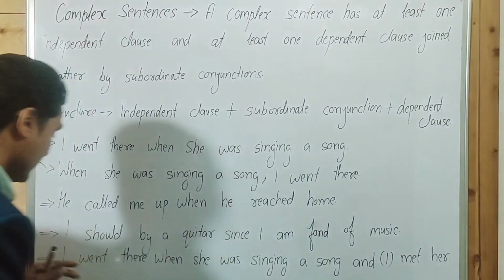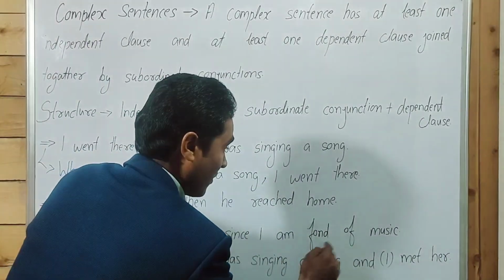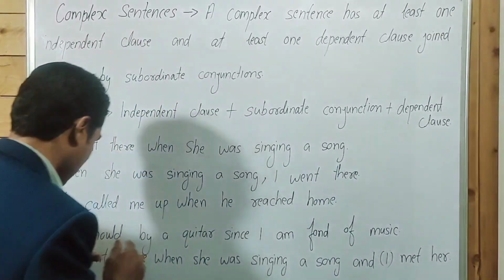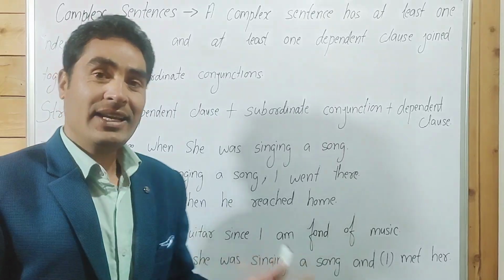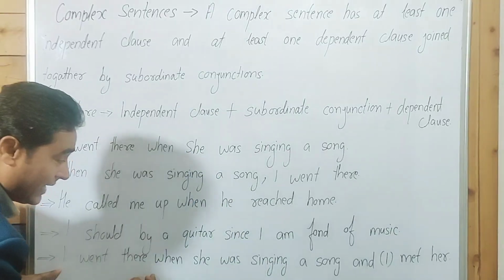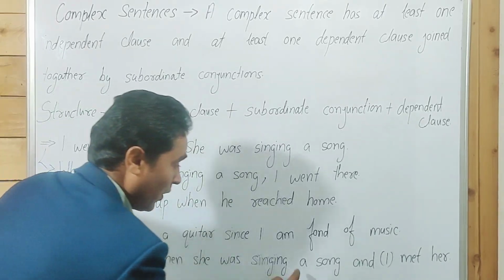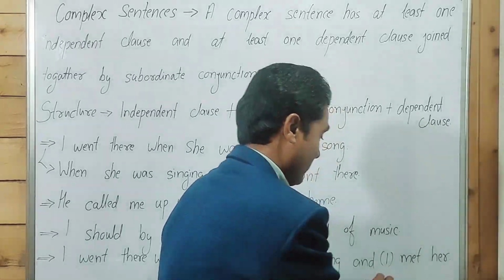We can swap this: since I am fond of music, and after that a comma, I should buy a guitar. I went there when she was singing a song and I met him.